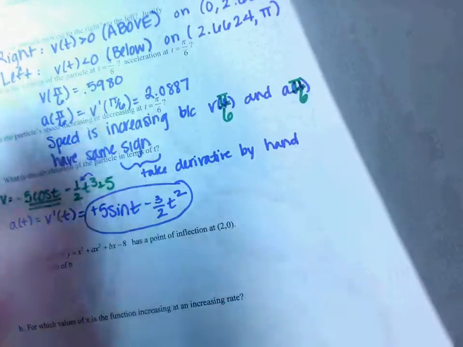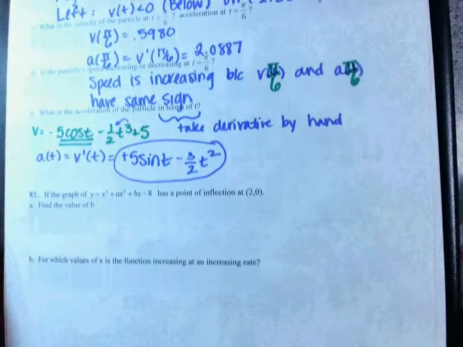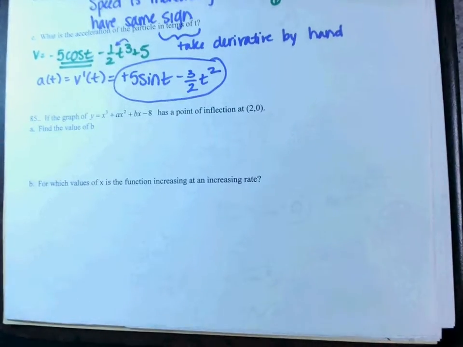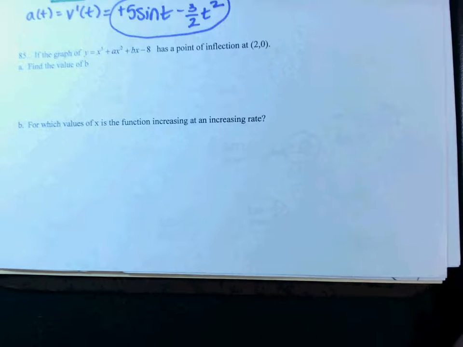Okay, so take a look, please, at number 85. Read through it, and I want you to think about literally anything that gives you a hint to do. Okay, you probably wouldn't immediately be like, oh, I know exactly what to do. But think about anything, any hints. Okay, what ideas do we have?